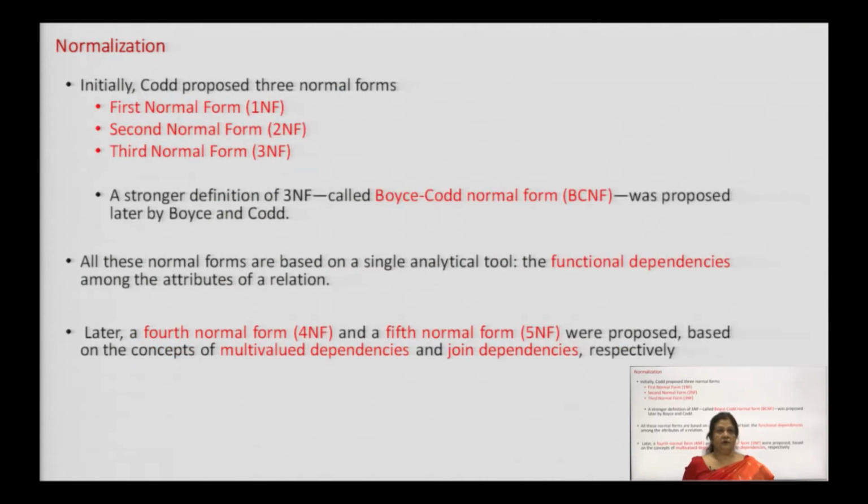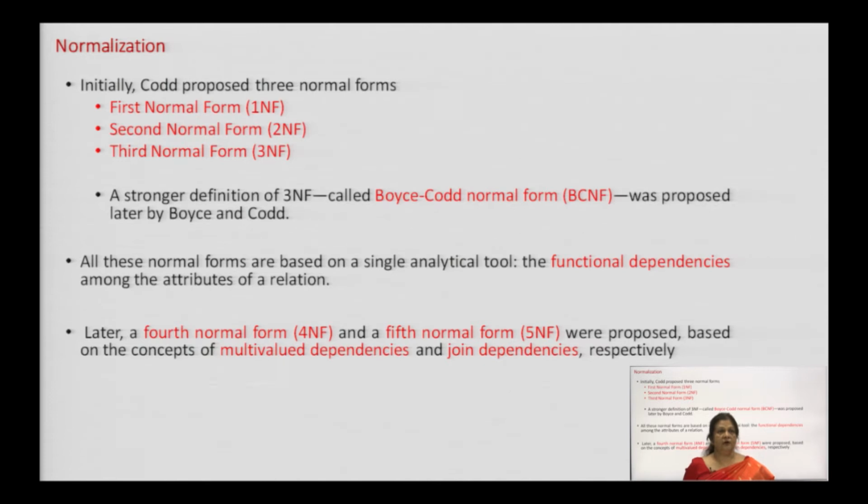Initially, Codd proposed three normal forms: the first normal form, the second normal form, and the third normal form. And then he and Boyce proposed a new normal form called the Boyce-Codd normal form, also called the BCNF, which is a stricter form of the third normal form.